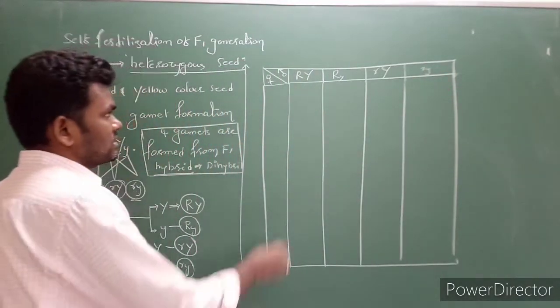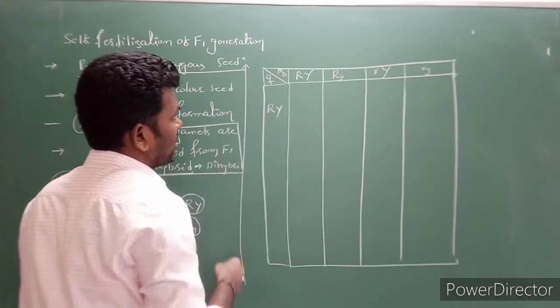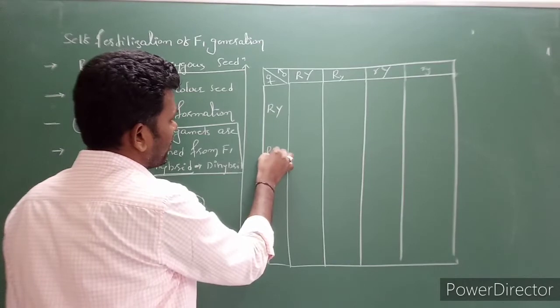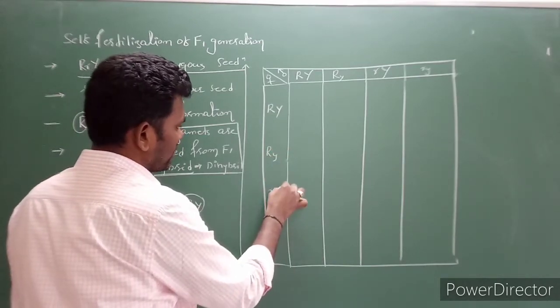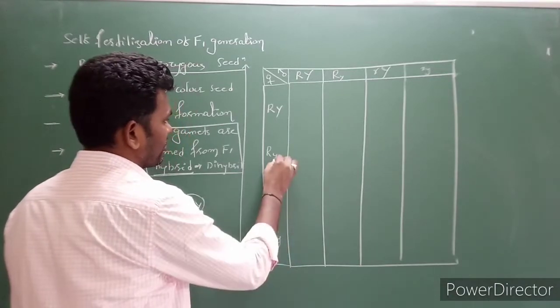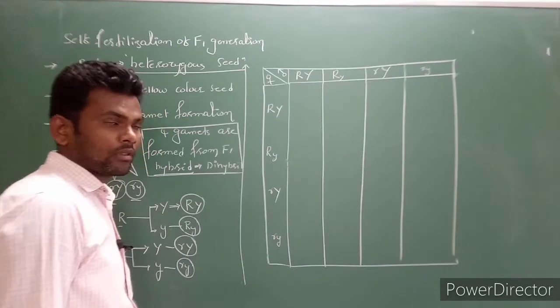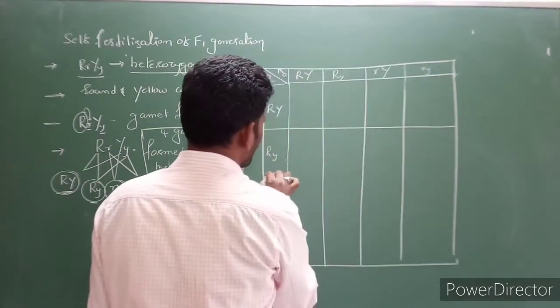Okay. Next, the same gametes are formed here: capital R capital Y, capital R small y, small r capital Y, and small r small y. Okay. Now simple, what do I have to do? Just fuse them.